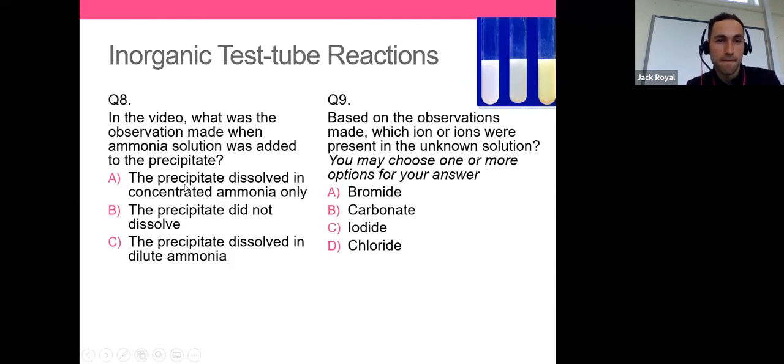Question number 8 and question number 9. So when I added ammonia solution, which of the following options was correct? The precipitate dissolved in concentrated ammonia, the precipitate did not dissolve, or the precipitate dissolved in dilute ammonia.